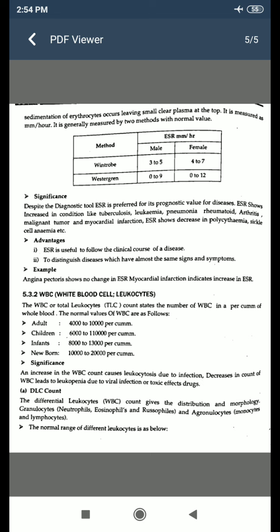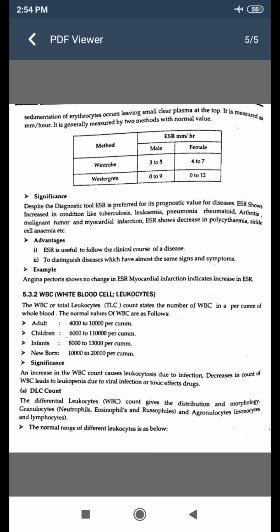It is measured as mm per hour. It is generally measured by two methods: Wintrobe and Westergren. The normal values in Wintrobe are male 3 to 5 and female 4 to 7. In Westergren, male 0 to 9 and female 0 to 12.